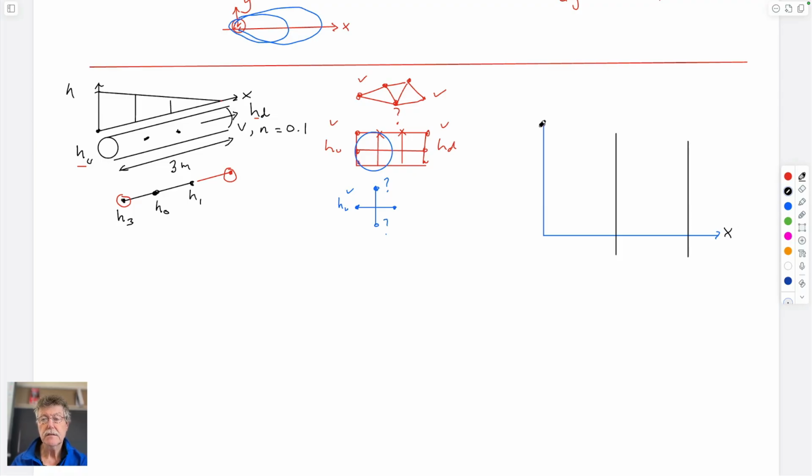This is x, this is h, so this value here. And for example, the change in head as we go across this could look like this and this. This would be delta x.